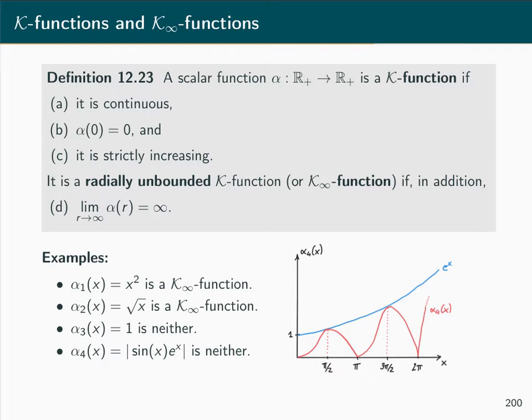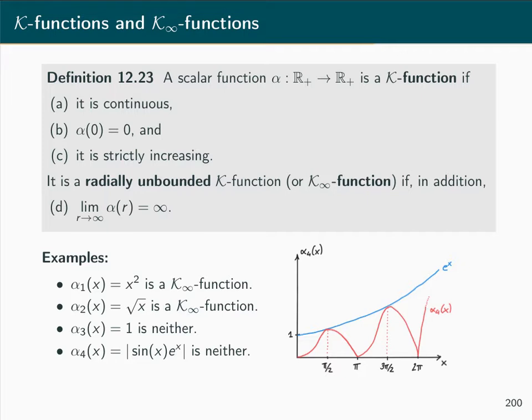However, it is not strictly increasing as x increases, even though its upper envelope is the e function, but there are always periods where the function goes back to 0. And therefore, condition C is not satisfied, and hence this is not a k-function, and therefore it's obviously also not a k-infinity function.